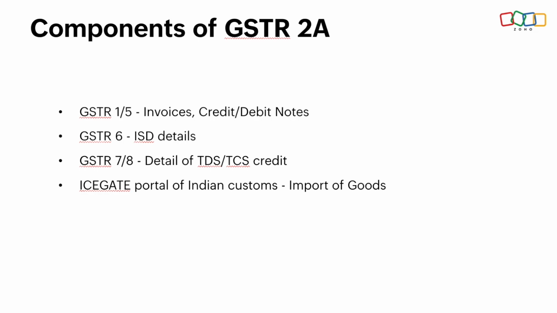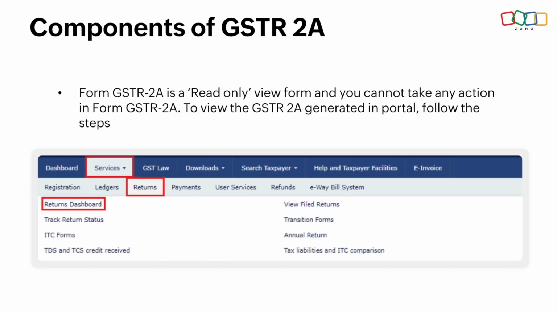The details of the TDS and TCS credit will be available from the GSTR-7 and 8. And then your import of goods and services, overseas vendors and also SEZ vendors will be fetched from the IceGate portal of Indian Customs. As I already mentioned, this is a read-only form. You will not be able to make any changes. It is auto-drafted by the GST portal itself based on the returns which we discussed earlier.